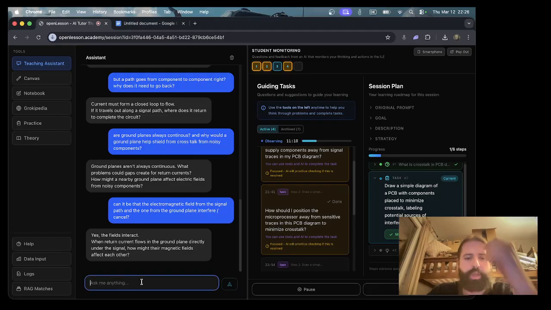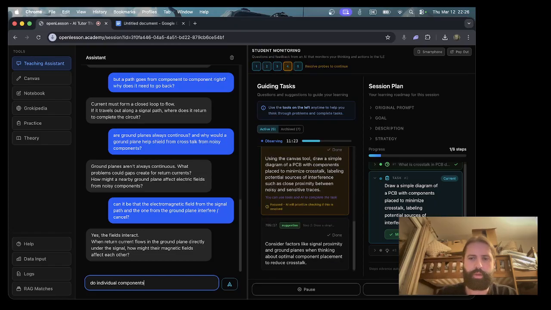Do individual components have specific noise profiles, like the power supply and a microprocessor?